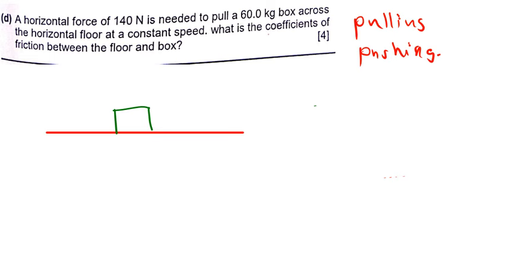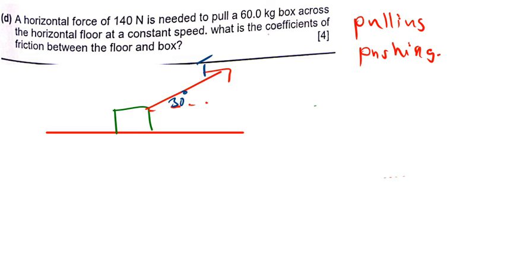Okay. So let's say you are pulling this using a rope, and you are pulling it at an angle of 30 degrees. When you are pulling, meaning you are using a rope, that is the tension force in that case. So we can call that tension force or just force, it is fine. No one is going to penalize you.